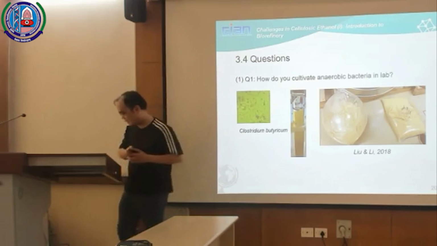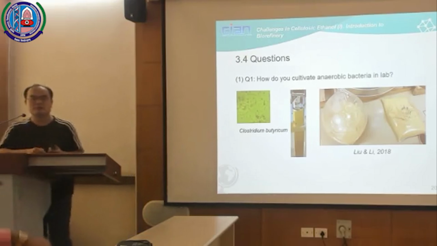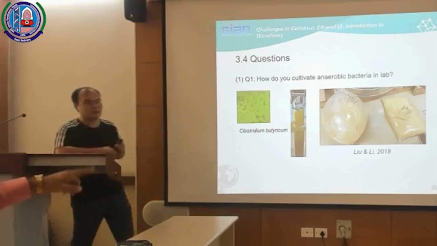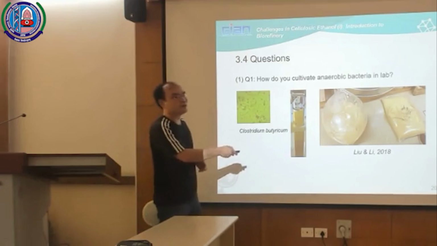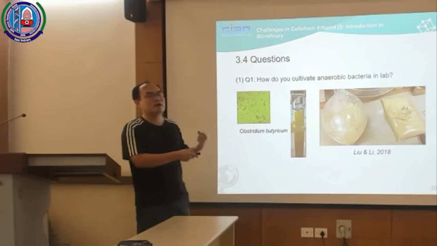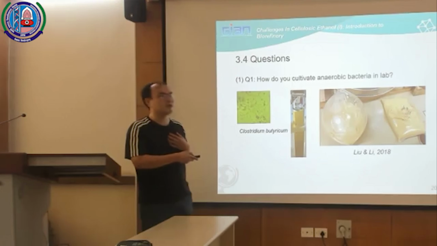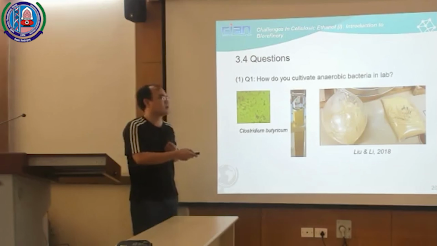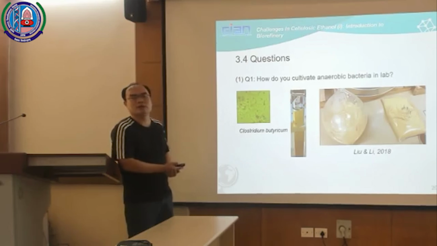So how long does it take to generate the anaerobic conditions, especially in this bag? This bag is the control. There's no calcium carbonate combination, so this is on its own.